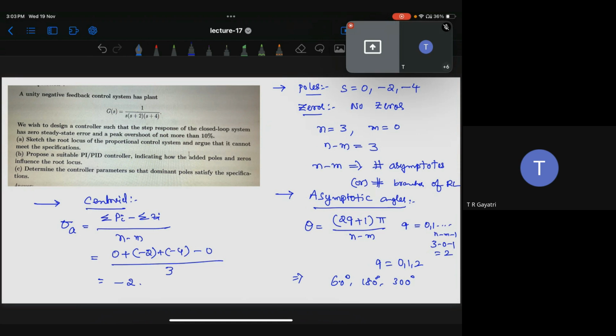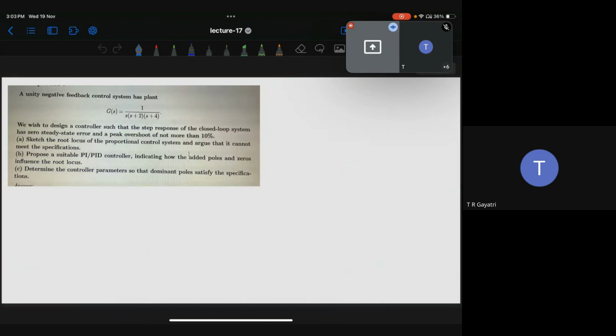Now using this, let us draw the first step. We have poles at 0, minus 2, minus 4, and we got the centroid at minus 2.